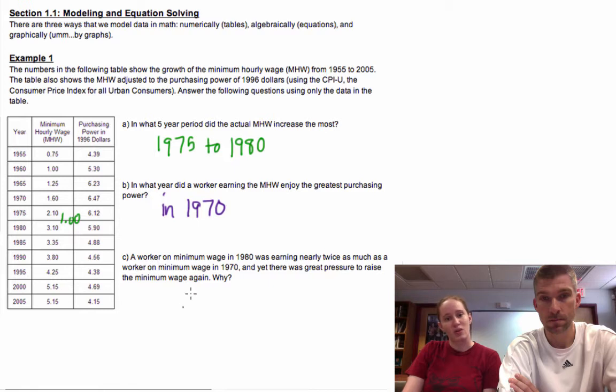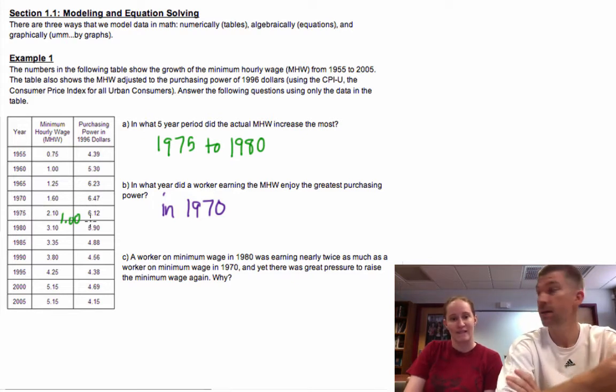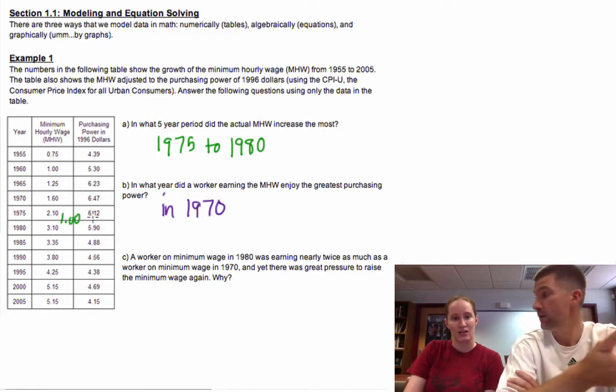Part C: a worker on minimum wage in 1980 was earning nearly twice as much as a worker on minimum wage in 1970, and yet there was great pressure to raise the minimum wage again. Why would this be? I would think that the purchasing power would have the biggest impact. It's like the minimum wage discussions going on today.